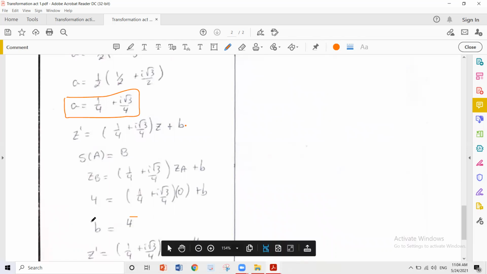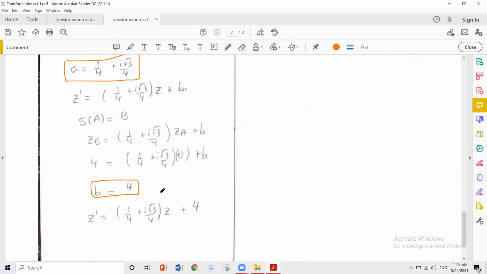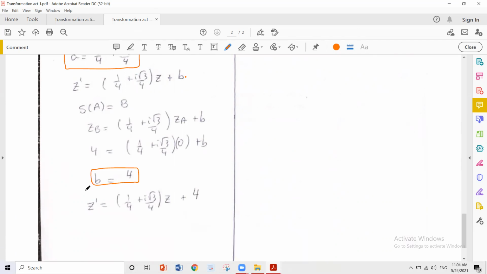So B equals 4. So Z prime equals 1 over 4 plus i radical 3 over 4 times Z plus 4.